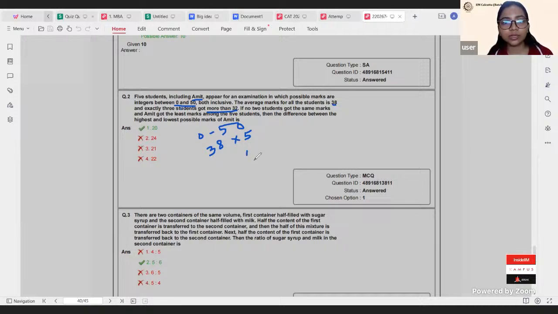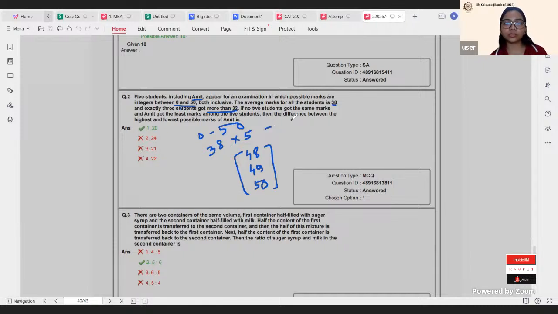So we'll assign 48, 49, 50, the 3 highest scores possible, also considering 50 because it says both inclusive. So 48, 49, 50 will be the marks of the 3 highest candidates.